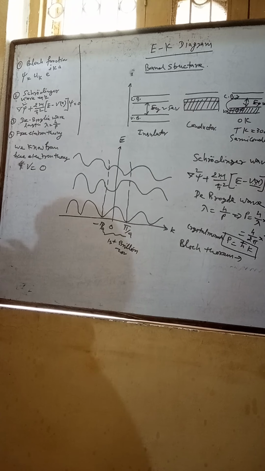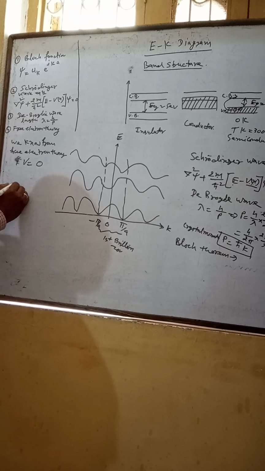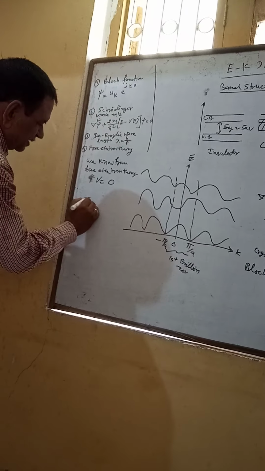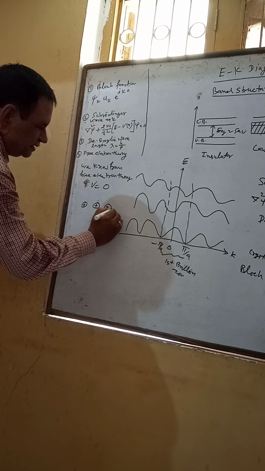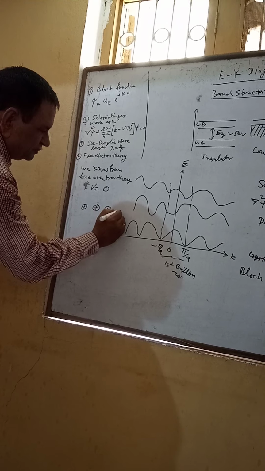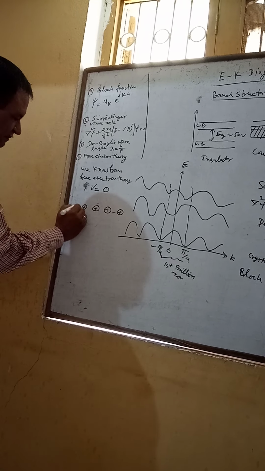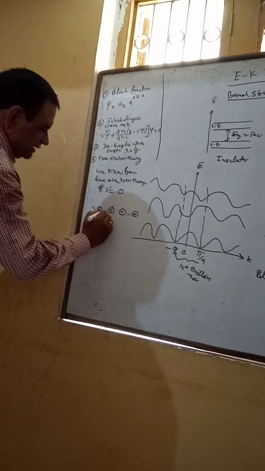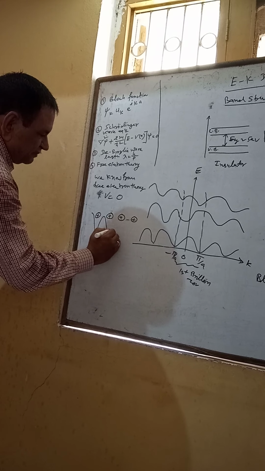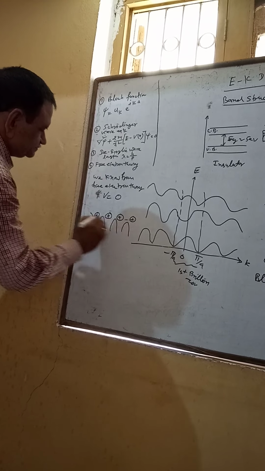But in a crystal, we know that there are positive ions, and these atoms are arranged in a very particular way, and this is the wave function of electrons.